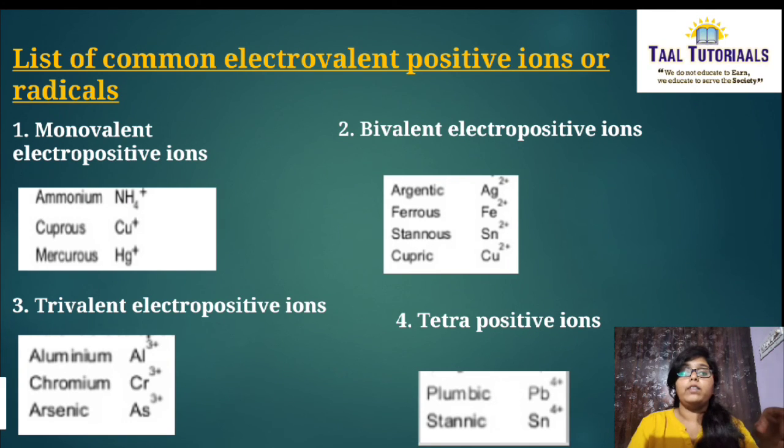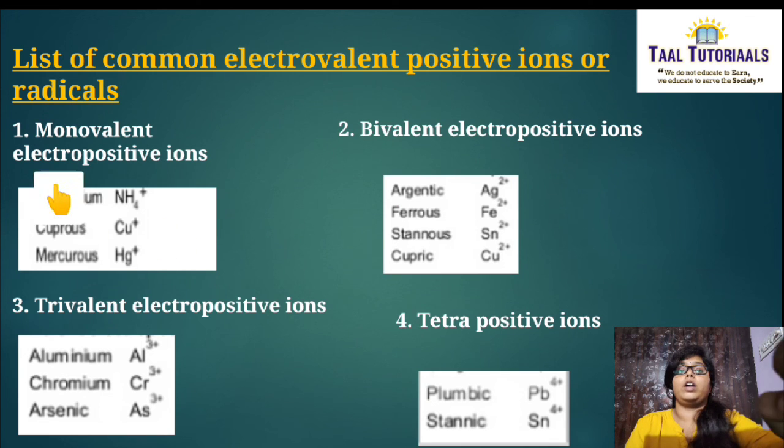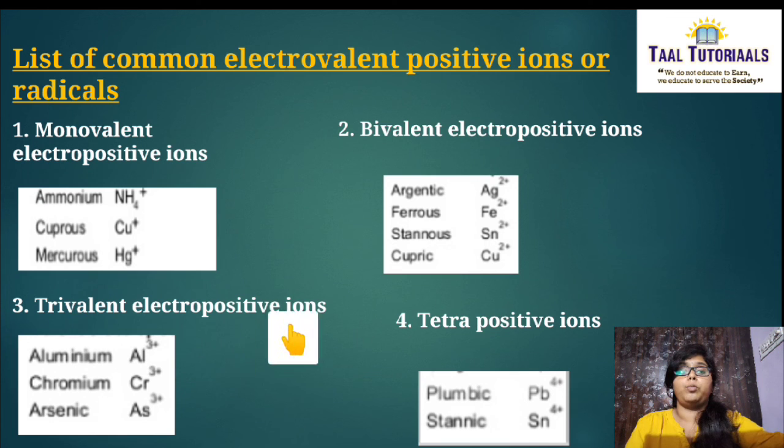Now bivalent electropositive ions: argentic Ag2 plus, ferrous Fe2 plus, stannous Sn2 plus, cupric Cu2 plus. They all have valency 2 and so they come under bivalent electropositive ions. Now trivalent electropositive ions have valency 3: aluminium Al3 plus, chromium Cr3 plus, arsenic As3 plus.